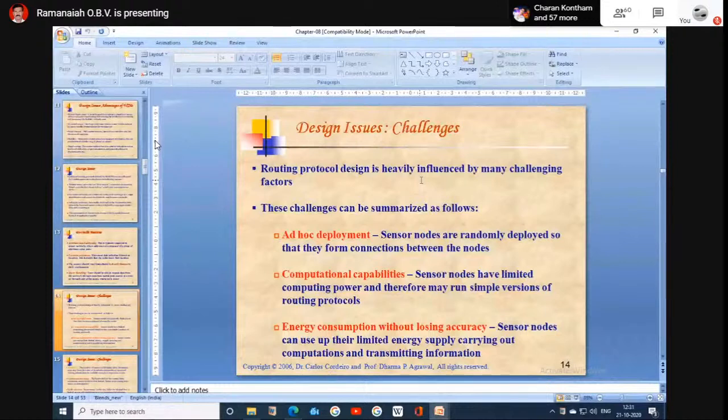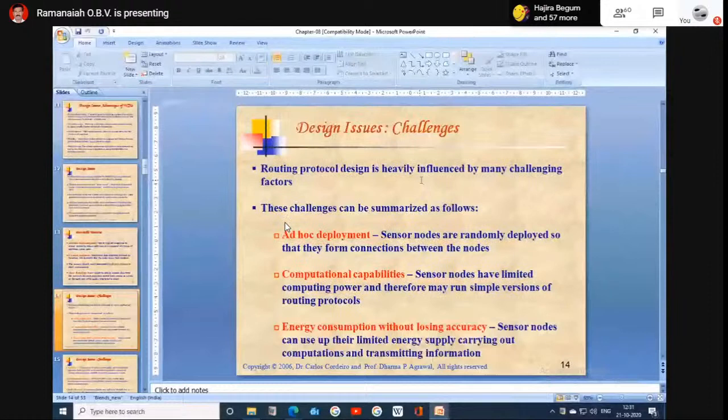But here we take the responsibility. All are peers. There is no central authority. Mere small sensor nodes, their resources are very scarce, very limited battery power. They should form a network spontaneously. That is a challenge.